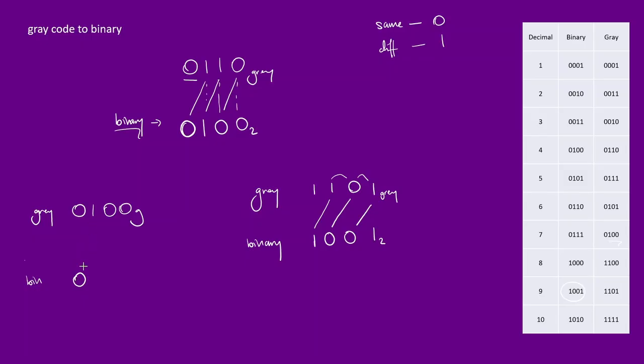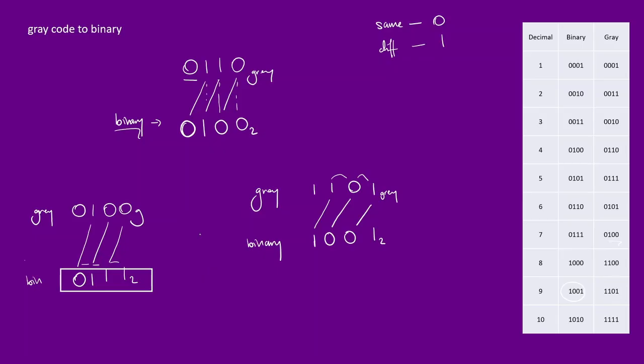And 1 XOR 0, those are different, so we definitely get a 1. So 1 XOR 0 gave us this. Okay, 0 XOR 1, those are different, so we get a 1. And then 0 XOR 1, those are different, so we get a 1 too. So that's that, and we have corrected the error.